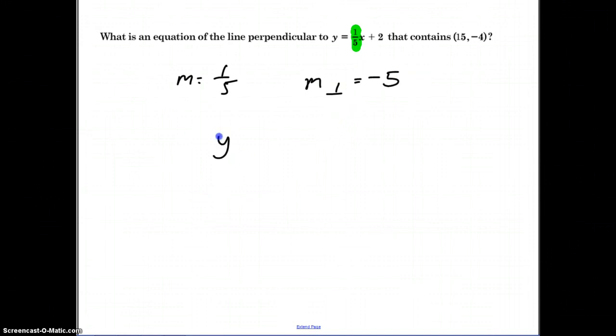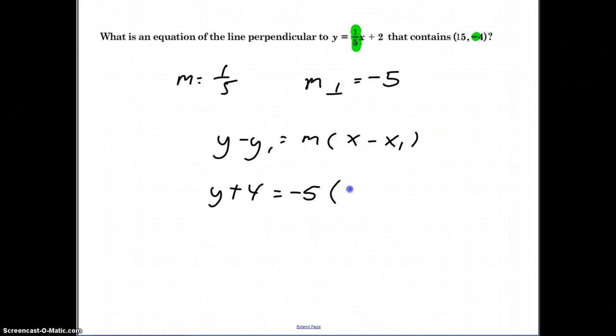And again, I need point slope, which is y minus y1 equals m parentheses x minus x1. So now I'm just going to substitute in y, and this is minus a -4, so I'm going to go ahead and make this +4. My slope that I need to be perpendicular is -5, and then x minus 15. Now this is the equation that is perpendicular.